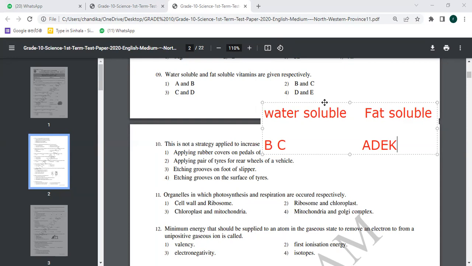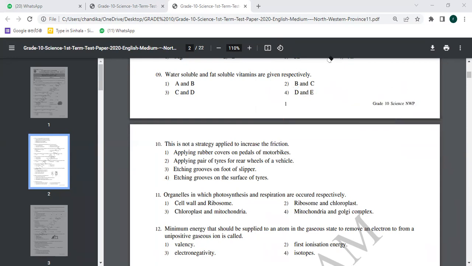You must understand the question, okay? The question asks you water soluble and fat soluble, and you must pay your attention to this word. What is the meaning of this word, Inosh? Do you know? What is the meaning of respectively?